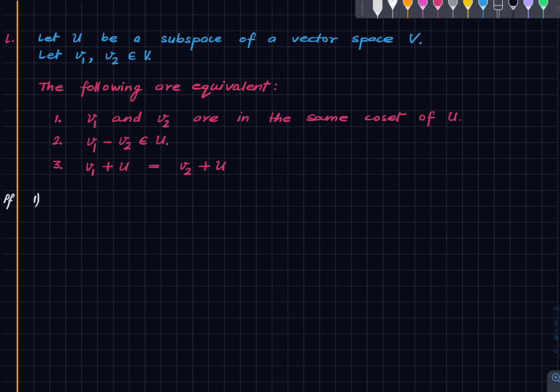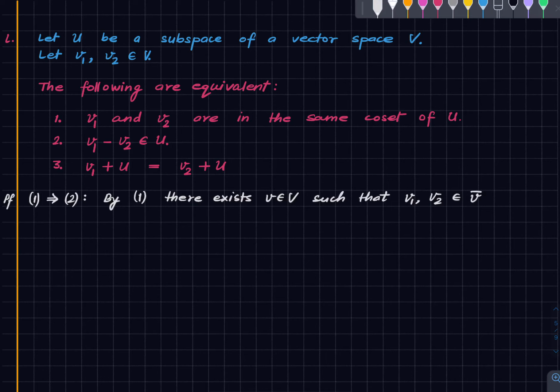So 1 implies 2. Why is that? v1 and v2 are in the same coset, so there exists by 1 some vector v such that both v1 and v2 lie in the corresponding coset.